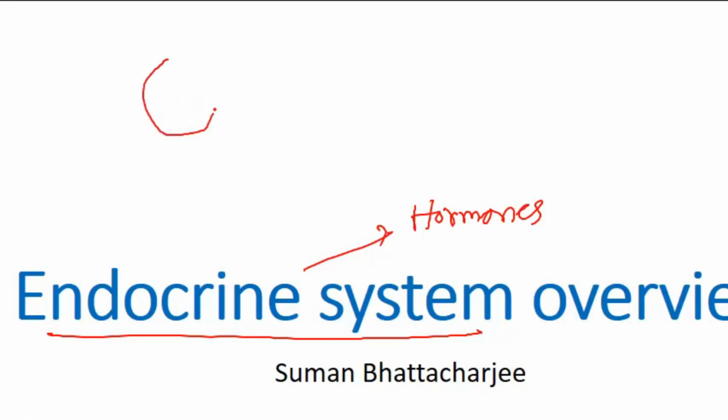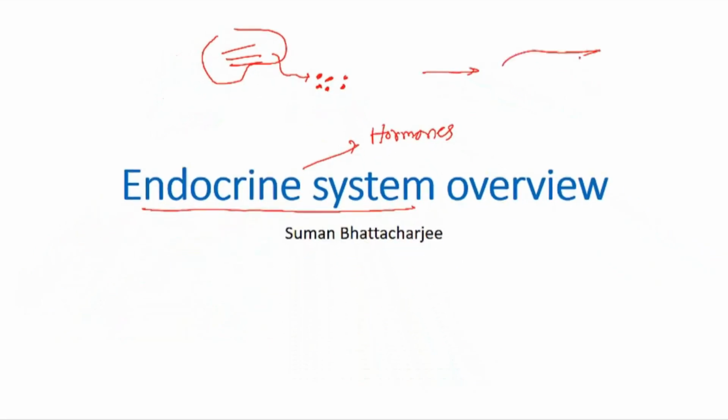Let's say there is an organ present in our brain from where this hormone is secreted, which is a chemical messenger that provides information to the target cell, present, let's say, in our liver, and this hormone will migrate through the blood vessels in the middle. So a hormone is like a long distance call in our human body.